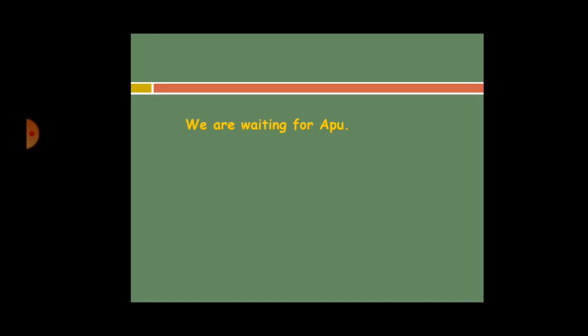Here I give you an example. We are waiting for Apu. Apu is from India. Two sentences are given. Now, see, Apu is common in both sentences, the same thing in different sentences.